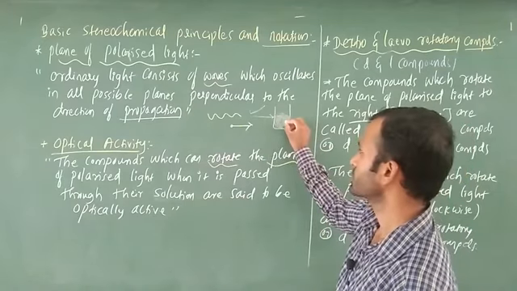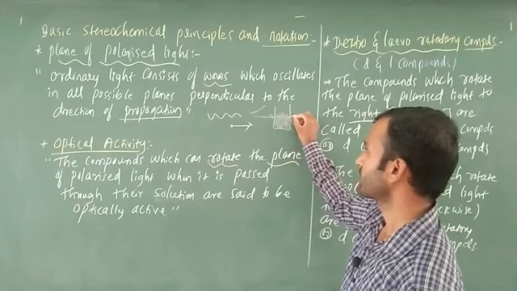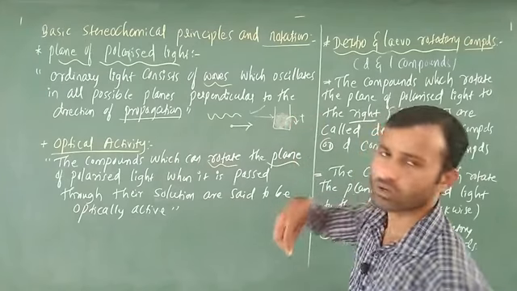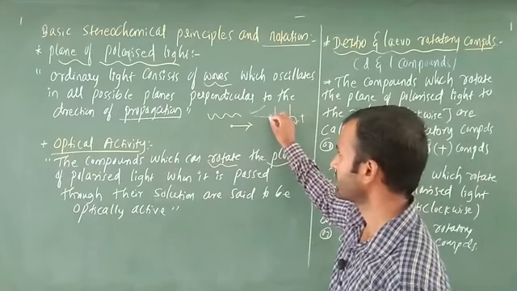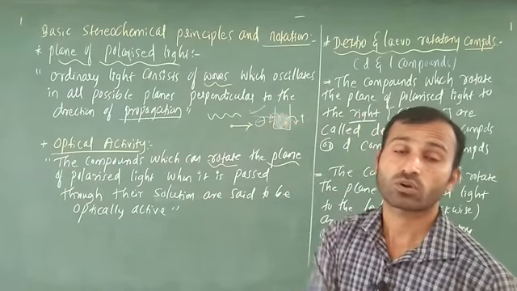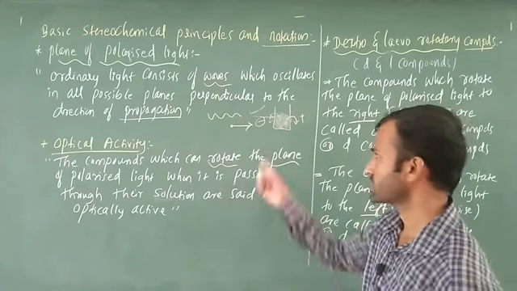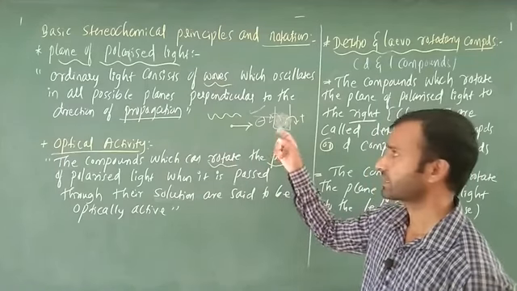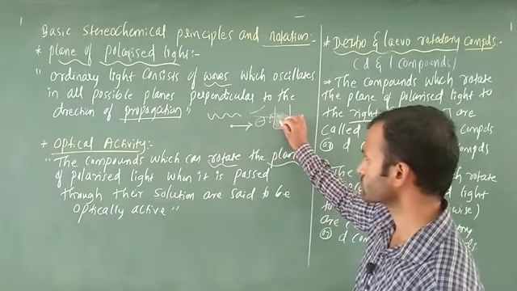It can rotate in a clockwise direction, which indicates positive. It can rotate in an anti-clockwise direction, which indicates negative. This process is optical activity.